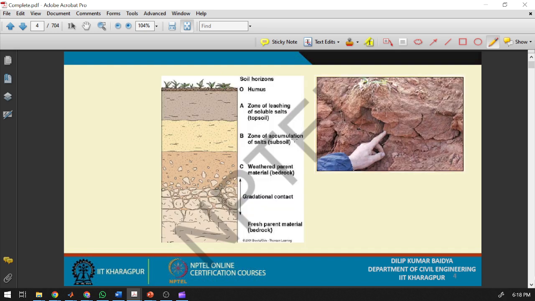Then you have a zone of accumulation of salts. For example, we used to study about different types of soils, black soil, and these things. Usually, what happens is that, for example, in laterite soils, you have heavy metals or different constituents that are heavy in weight.